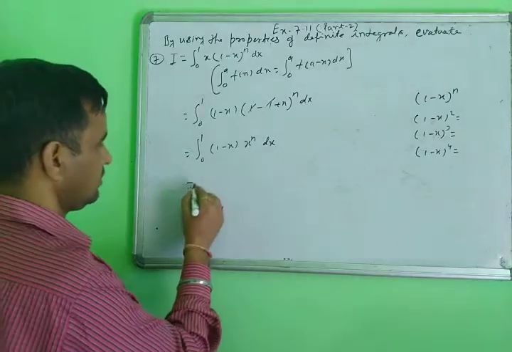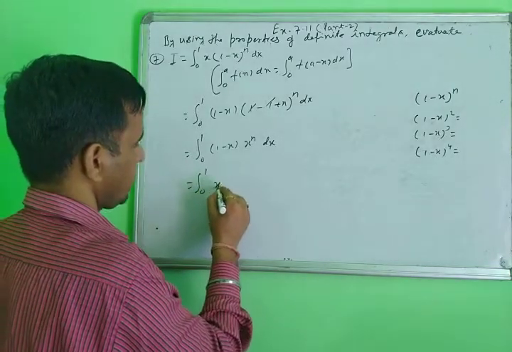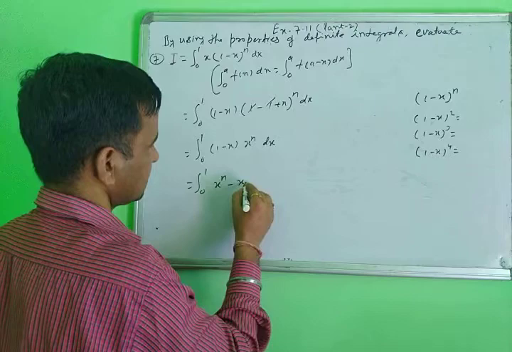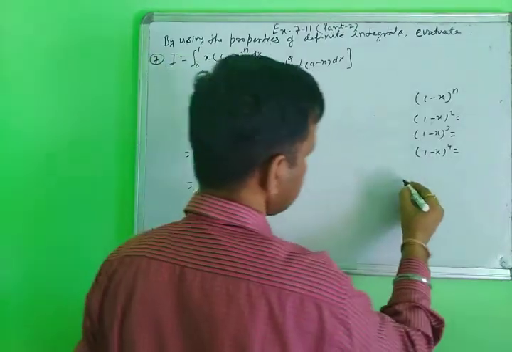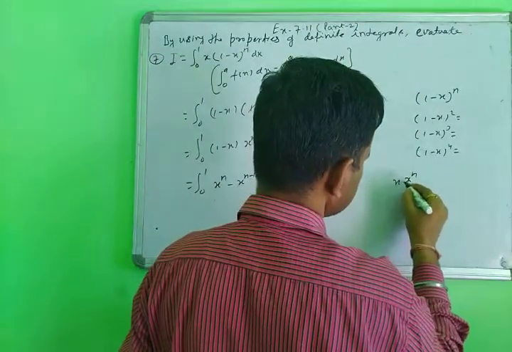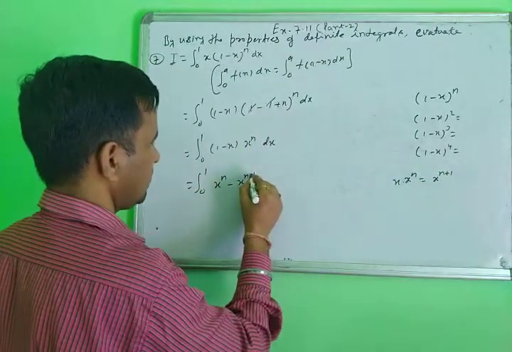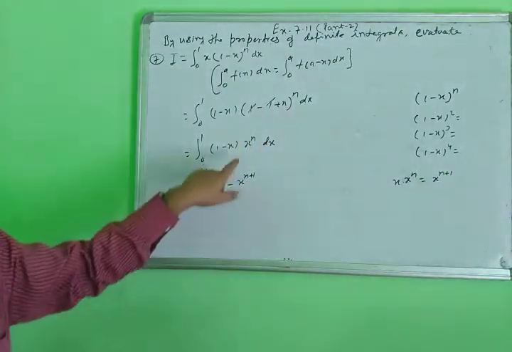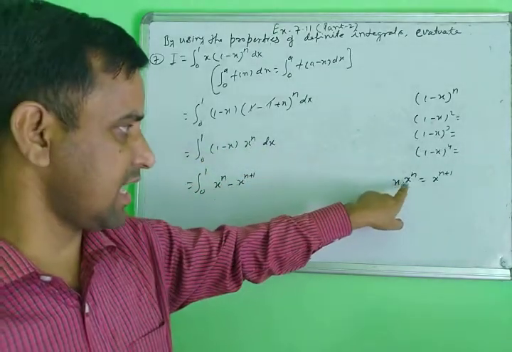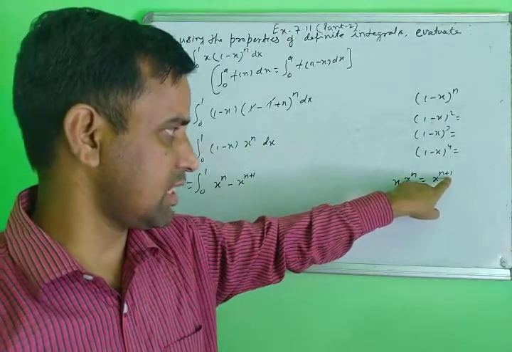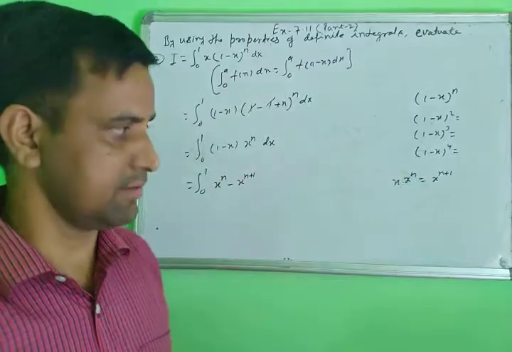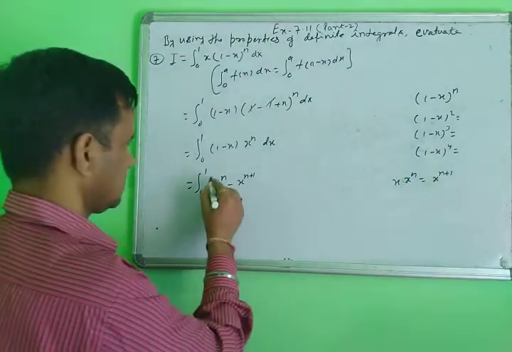So what result comes here? The integral from 0 to 1 of x to the power n minus x to the power n plus 1, because x to the power n into x gives x to the power n plus 1. The power n plus 1 will be added here, dx.